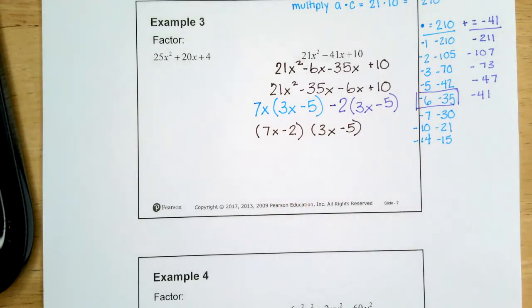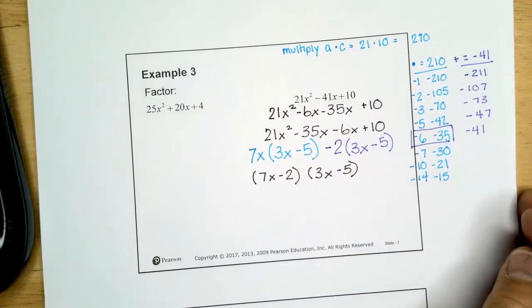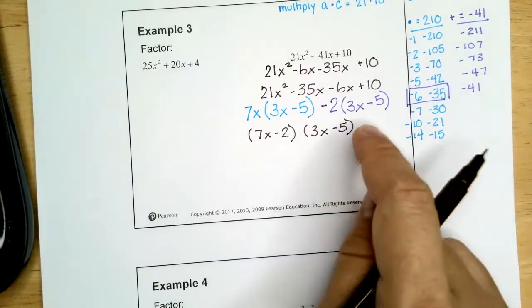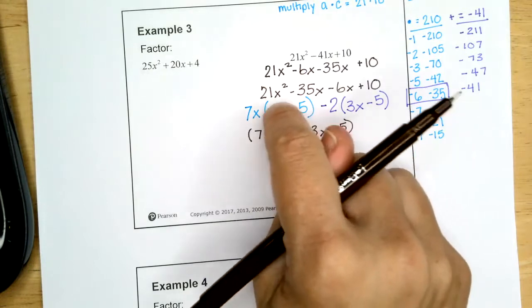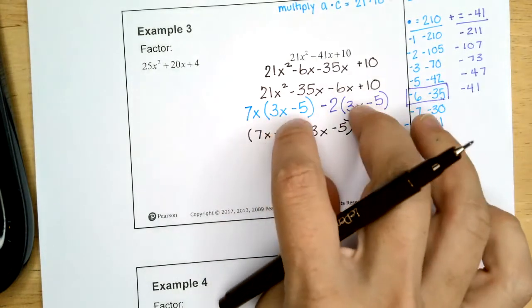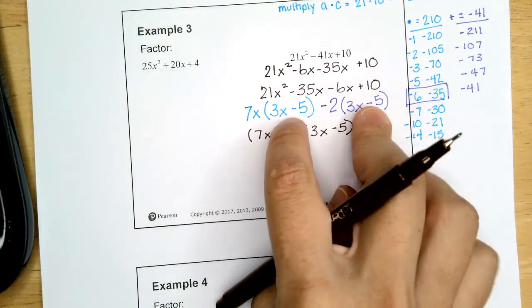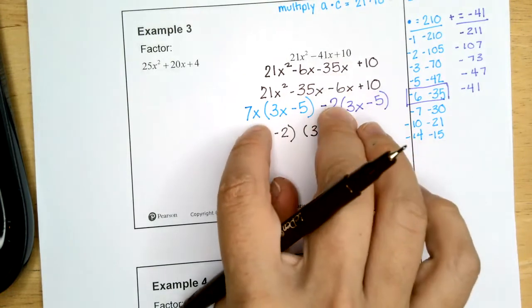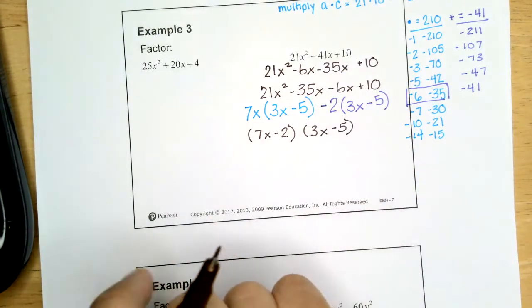So that is how you factor by grouping. We made a group, we factored out a common factor, we got the same factor in each group, and then we combined the two front terms.